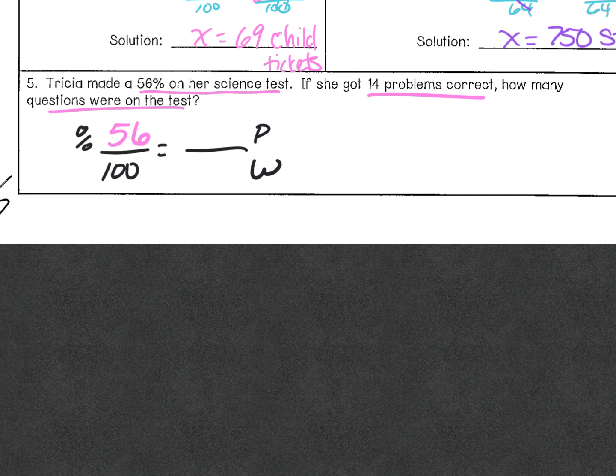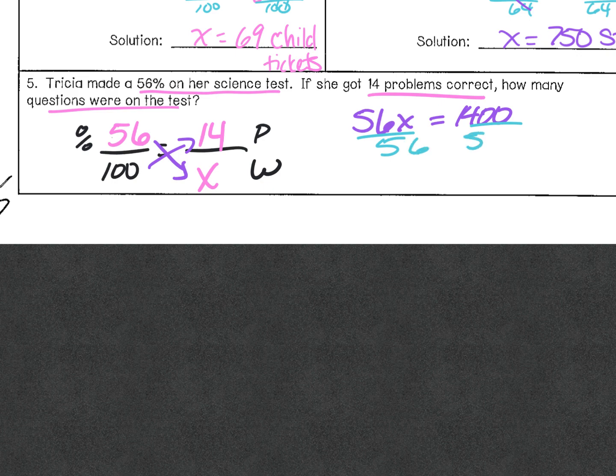Of the problems we did, we got 14 of them correct. So we only got part of them correct. So we're looking for the number of questions. You're now going to cross multiply and solve. Okay, divide. It should be 25 questions on the test.